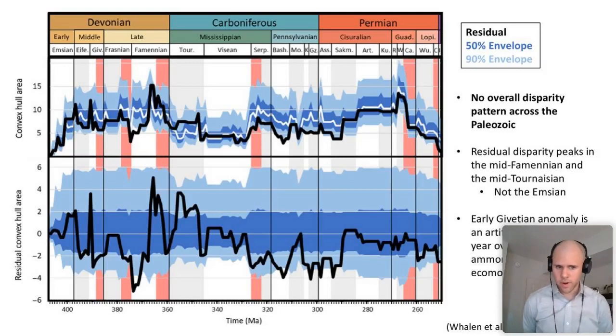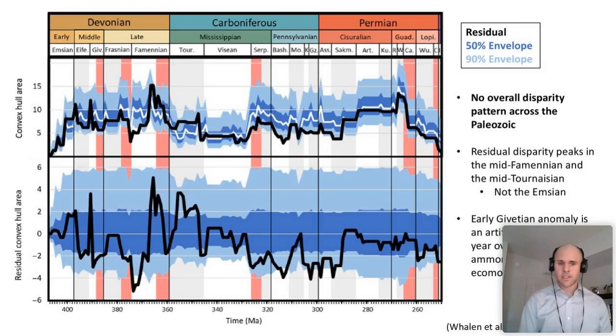There's three intervals where disparity is above that 50% interval. The first one, in the early Jurassic, is just a pure chance anomaly because there's 3 ammonoids with very extreme morphologies that happen to overlap for that 1 million years. It's the last appearance of 2 of them and the first appearance of 1 of them. So that only occurs right there.